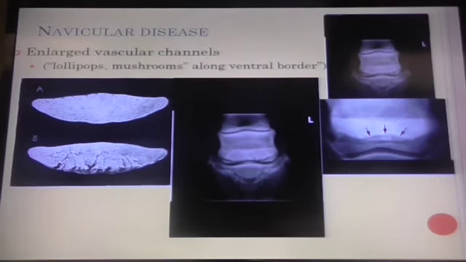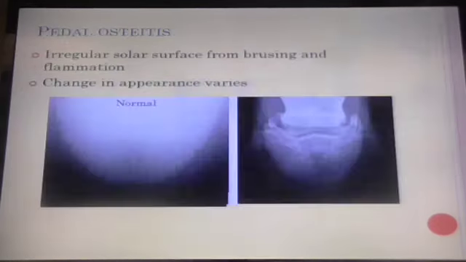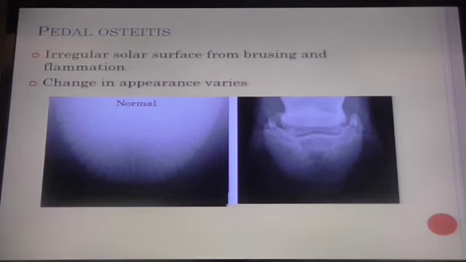Navicular disease. This is a normal one. This is increased vascular channels in B, and they're referred to as lollipops, mushrooms that are along the ventral margin. And that's just a typical example. Pedal osteitis: normal, there's a smooth surface. Look at the normal large number of vascular channels.